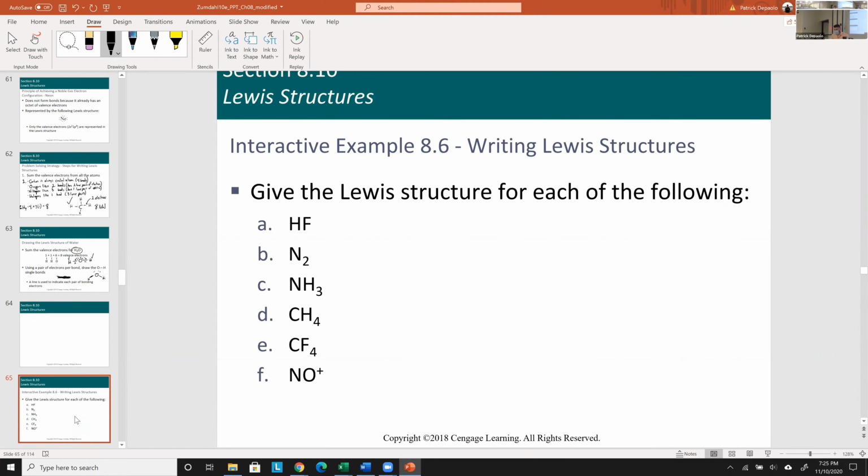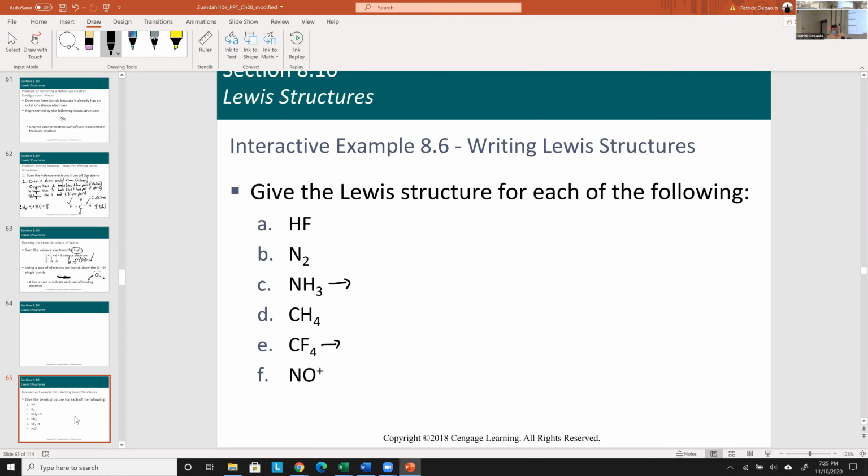HF, let's count first. Let's do one that's not 8, because that's 8 again. NH3, that has 8 again. CF4.